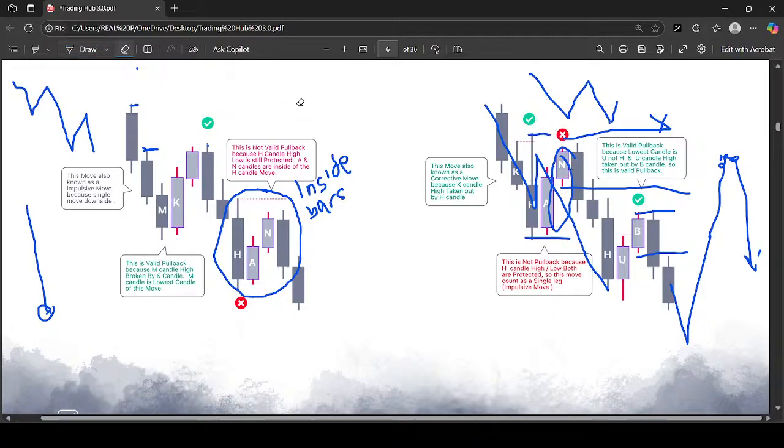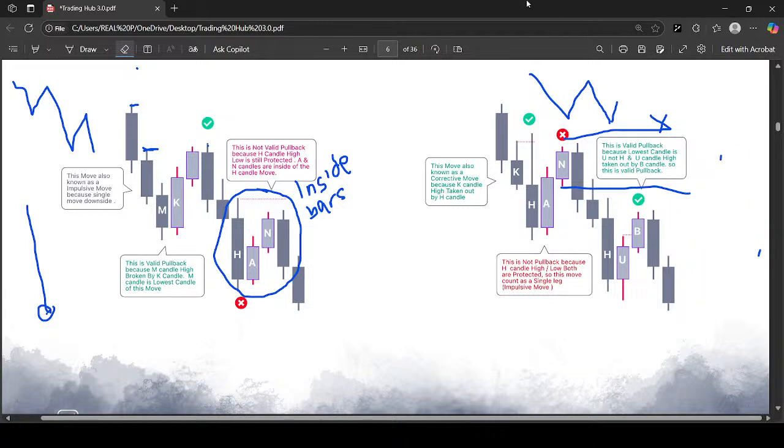So I will not be waiting for price to mitigate the N candle as my order block. But you see this B candle here, B candle meets our criteria. So if I have to sell, picking an order block, B candle is the right place. So let's say after this structure, the low has been broken and price comes back here, I can take my sell here, and we see price running downward.